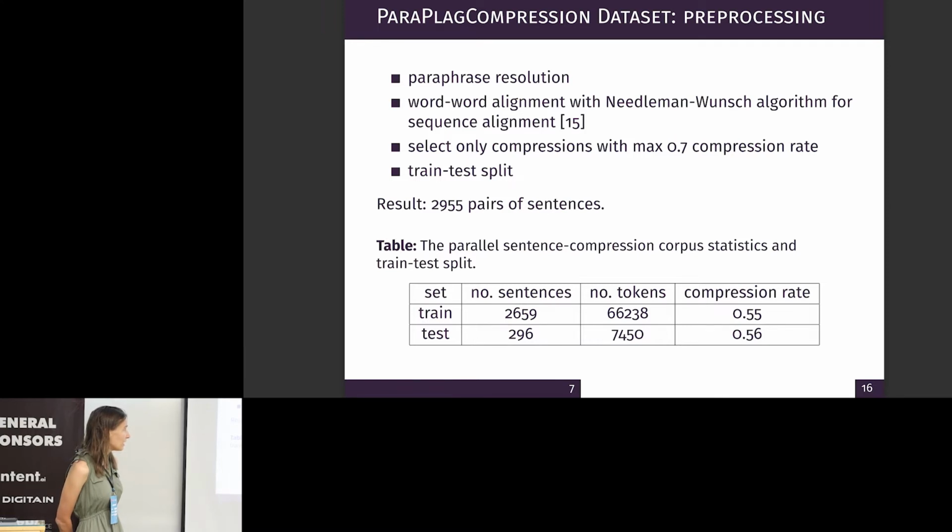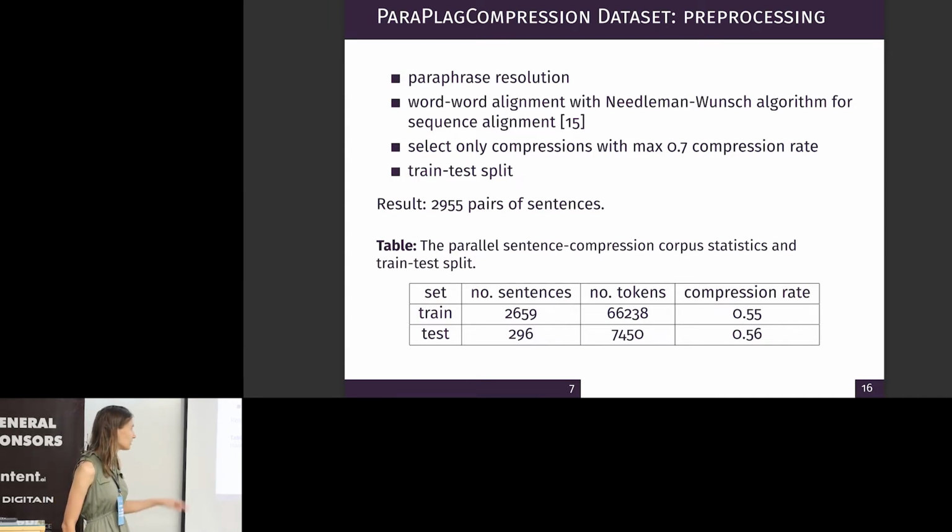Here I need to say that it sounds a little bit strange, but it's a tradition in the field that a higher compression rate means longer compressions. Compression rate is the proportion of words to stay, which is a little bit unintuitive, but that's the way it is in the field. So I selected only compressions where at least 3 out of 10 words were removed.